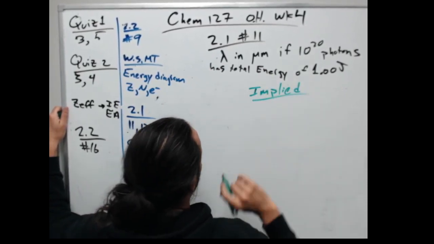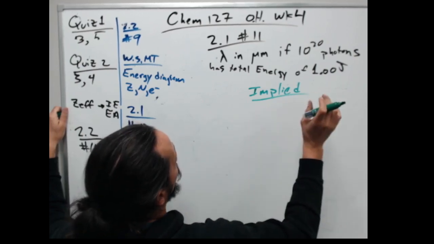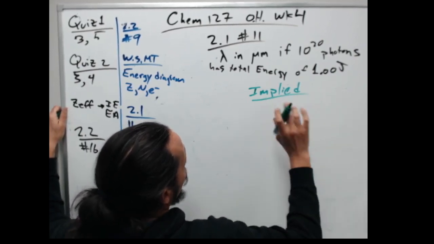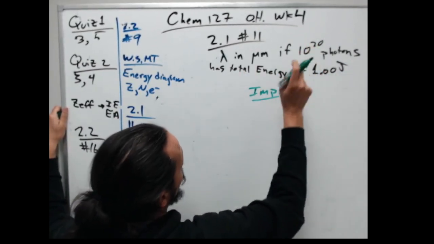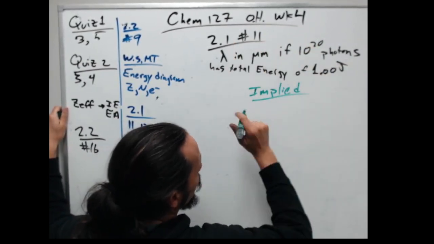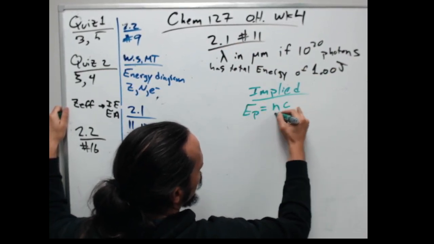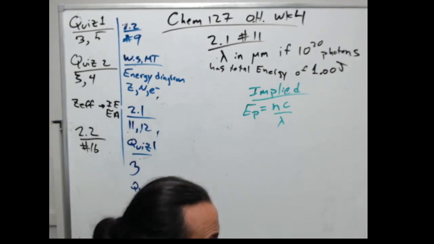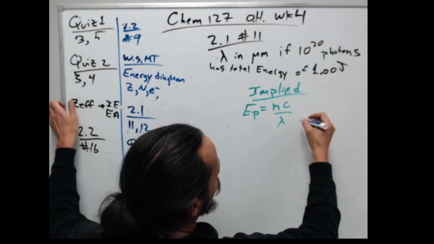In our applied equation, what's being implied? There's kind of two different things that are being implied. We've got some energy with a number of photons. We've got a wavelength and some energy. So one thing is the energy of a photon is equal to hc over lambda, since it's asking about wavelength. We have to keep in mind, this is one thing that people really lose track of.